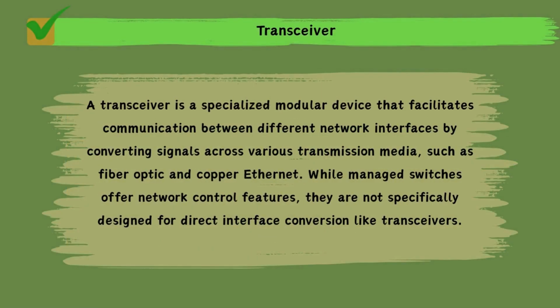A transceiver is a specialized modular device that facilitates communication between different network interfaces by converting signals across various transmission media, such as fiber optic and copper Ethernet. While managed switches offer network control features, they are not specifically designed for direct interface conversion like transceivers.